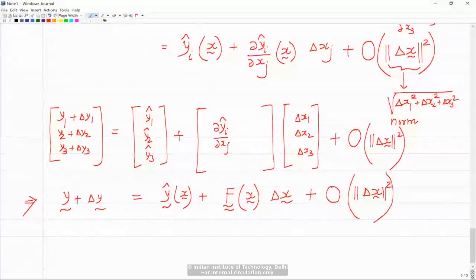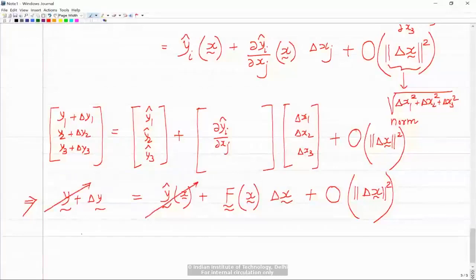And then you see this small y is actually the map of x, no? So aren't these two going to cancel? Right? Because this small y is actually the map of x. So it should be equal to y hat of x.